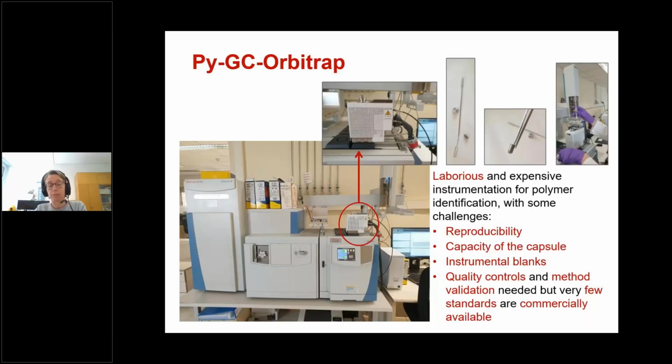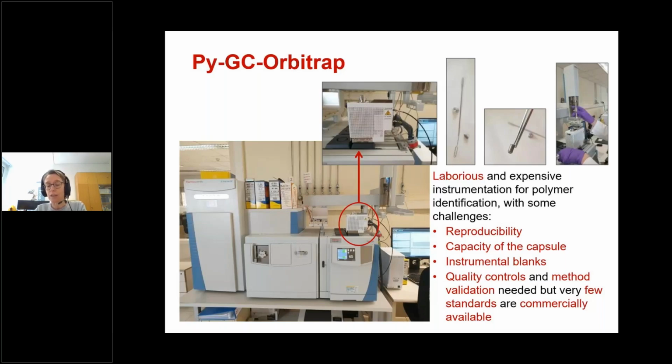The procedure is laborious in any case, and it is expensive because this instrumentation is very expensive, and therefore we have to work in conditions that the results that we obtain from this analysis are reproducible and quantitative.